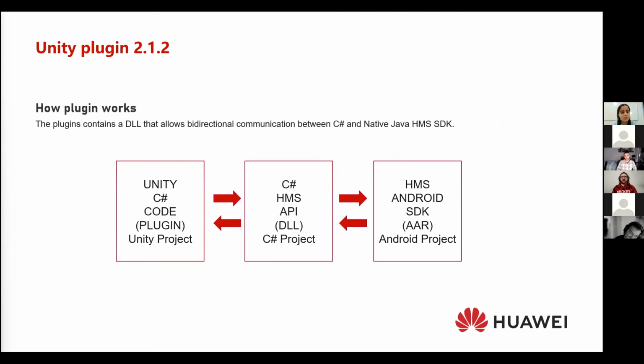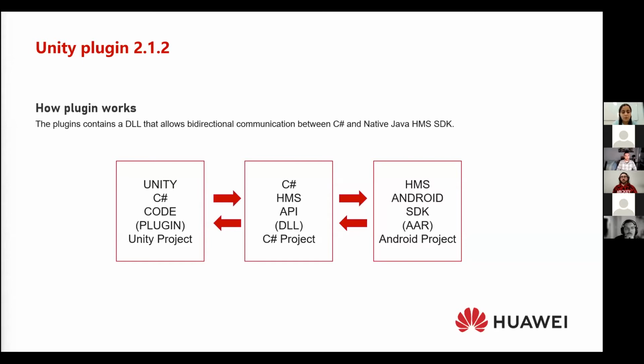Let's dive a little deeper, because I am assuming that you want to contribute or you want to use it. If you want to use something or contribute to a project, you want to know the details about it. Firstly, I will explain from right to left. We first developed the Android SDK part. We are calling the Huawei services from this Android project, and we made it an API to use wherever you put your AAR file in. After we get the AAR file from our Android SDK, we put it in our C# project, the middle part.